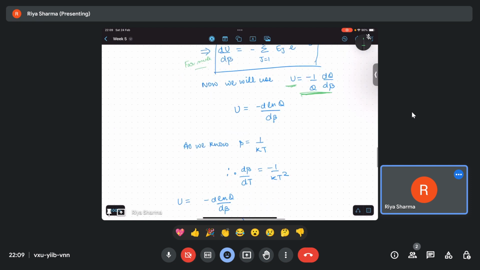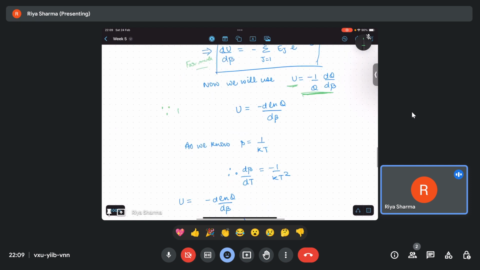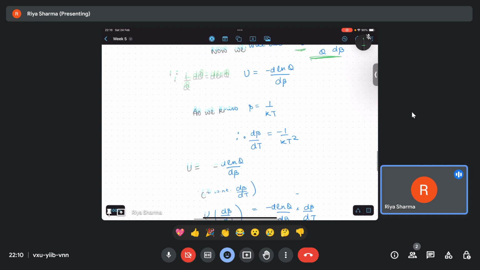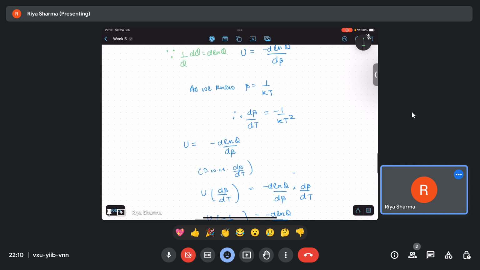So since 1 by Q dQ is equal to d ln of Q, we substitute that, and as we know beta equals 1 by kT, we differentiate.